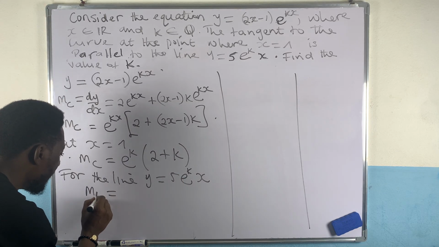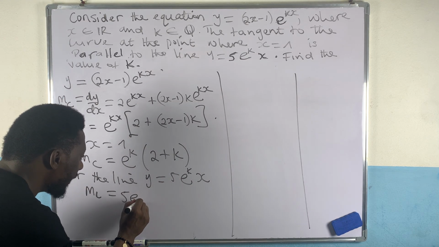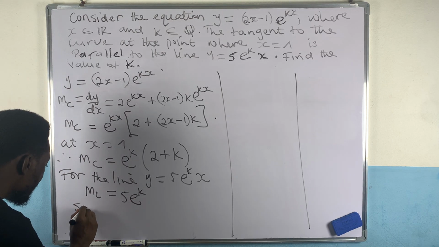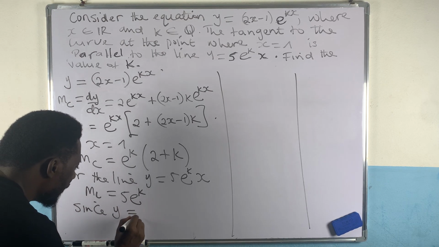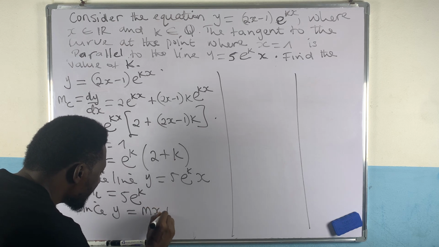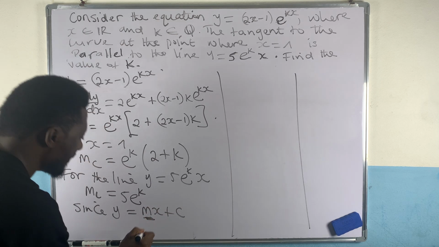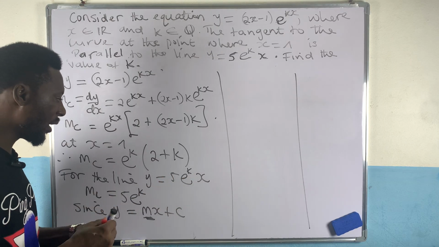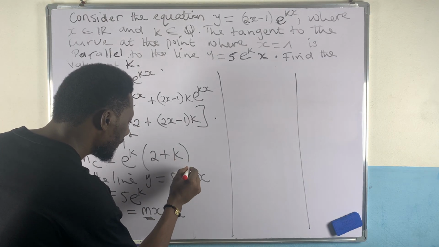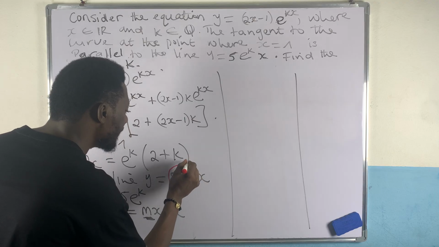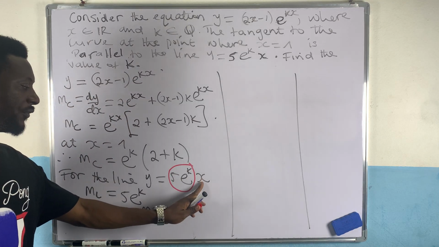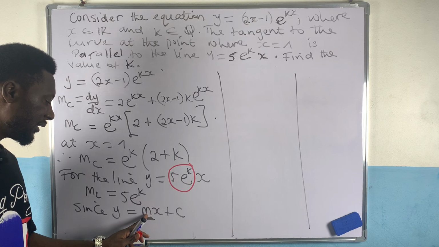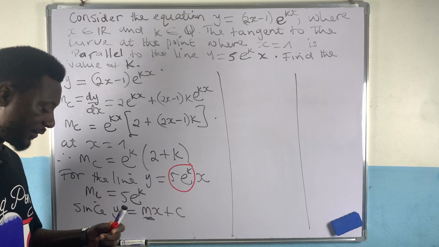So the gradient of the line, ml, will be 5e exponent k.